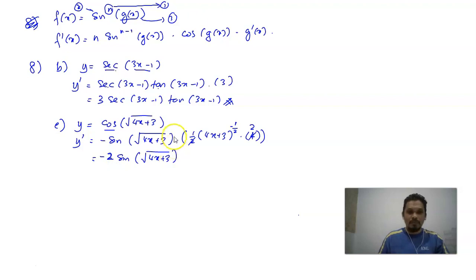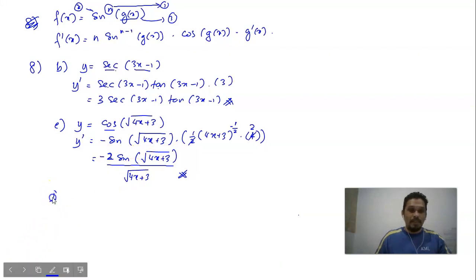Negative 2 sine(square root of 4x plus 3), and this one to the power of negative half, which means it is a square root of 4x plus 3. We cannot simply divide 4x plus 3 with this because this is an angle for sine and this is the square root of 4x plus 3. They are two different things, so you don't simply divide and get negative 2 sine power of 1. No. Okay, that is question E.